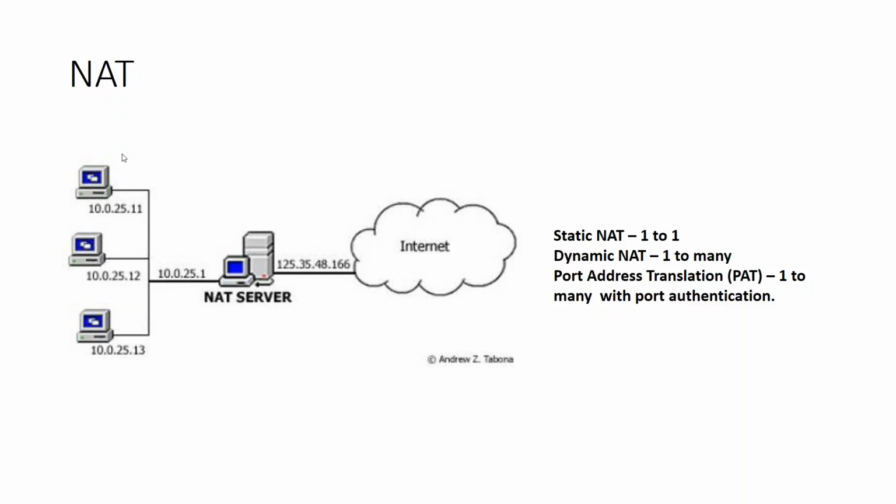If you have multiple machines, this is your, let's say, network provider, like Comcast. They may have their NAT server, or their central server, which acts as a proxy to the outside world.